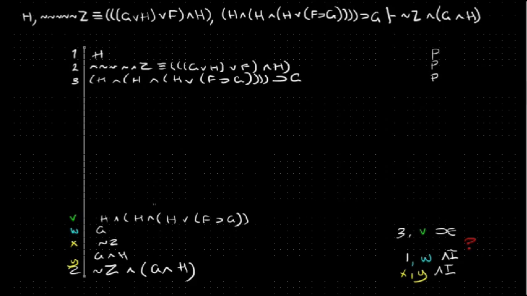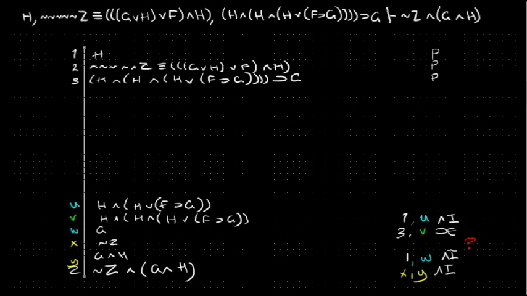And going on again, we're going to think, well, how could we have gotten this? Well, looks like a conjunction introduction of H, which we already have. So again, line 1, and H and H, or F then G. There we go, and we'll say that that is line U. So 1 and U gave us H and H and H, or F then G. Okay, how would we have gotten U?